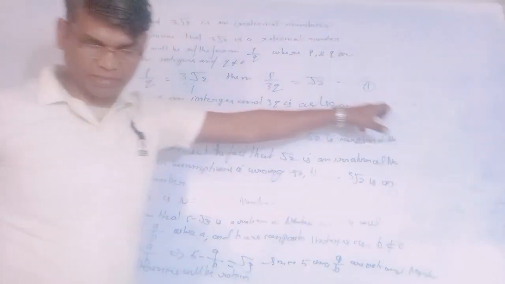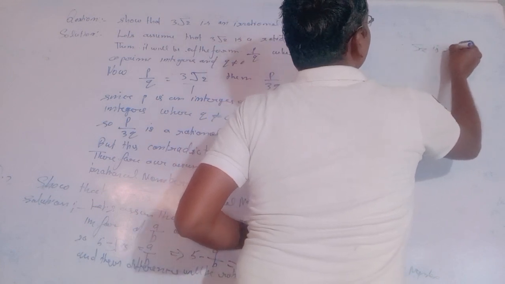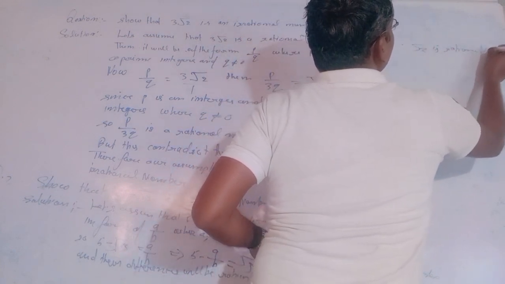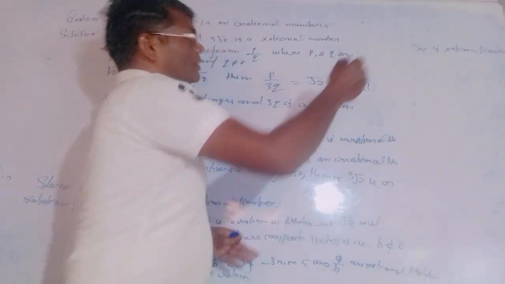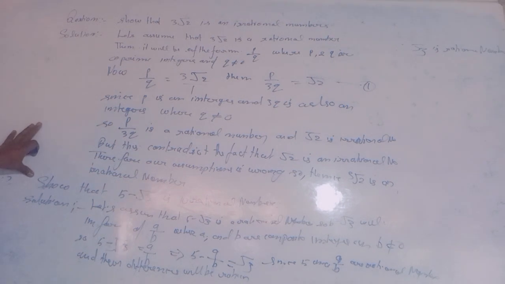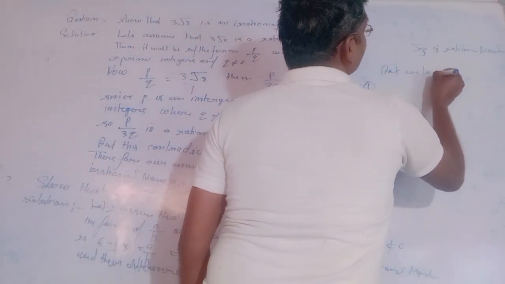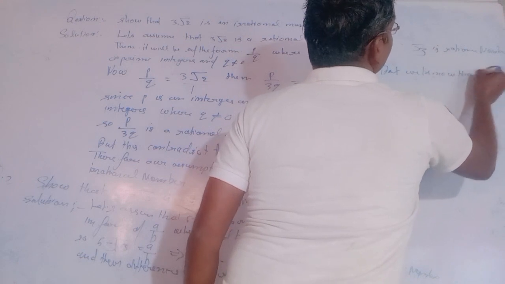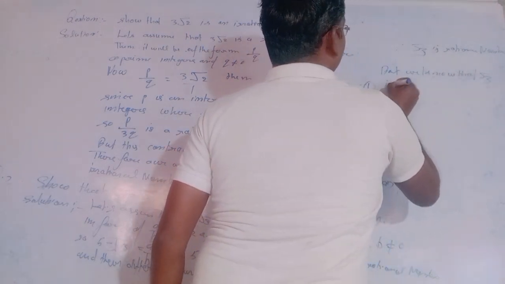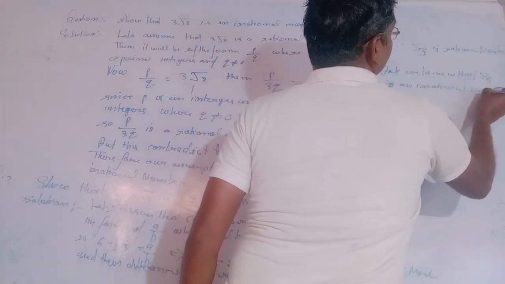So root 3 is a rational number according to the question, but we know that root 3 is an irrational number.